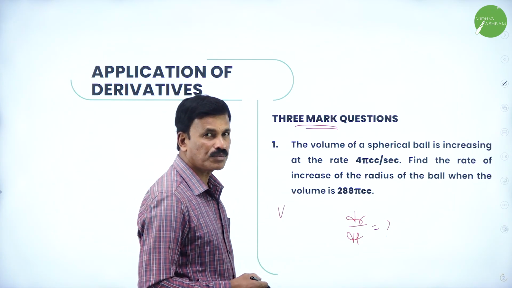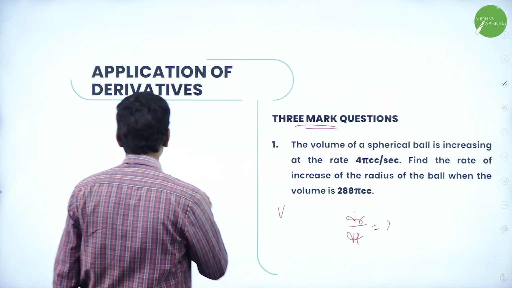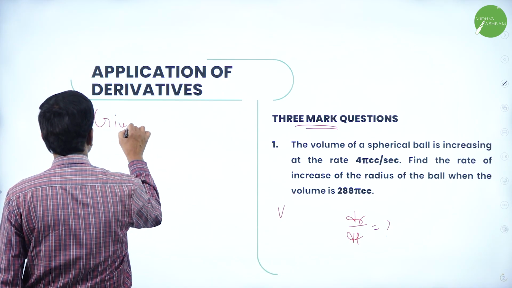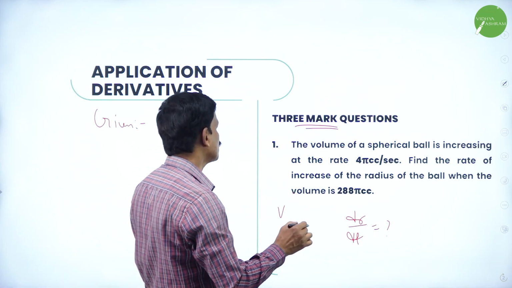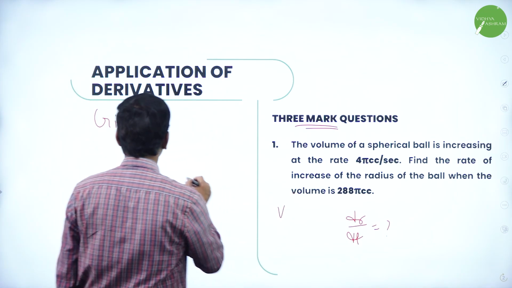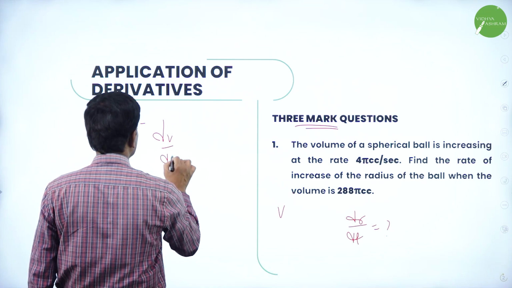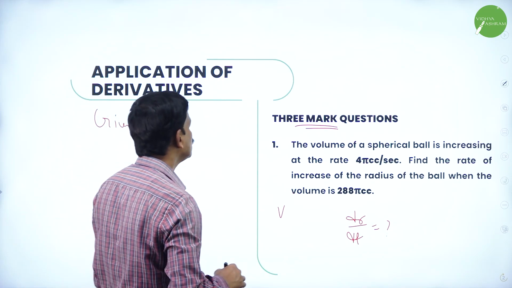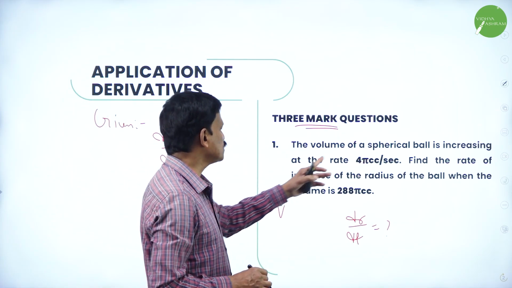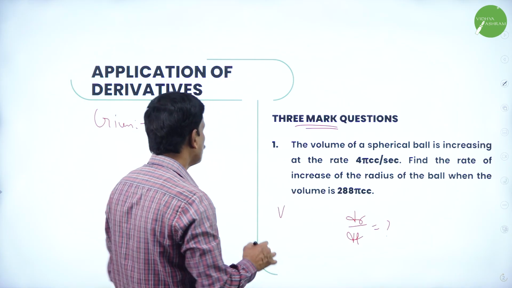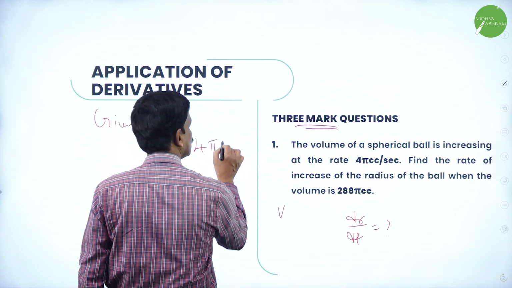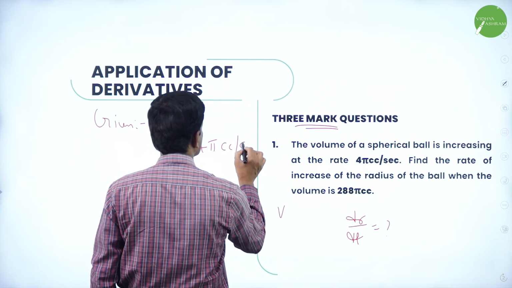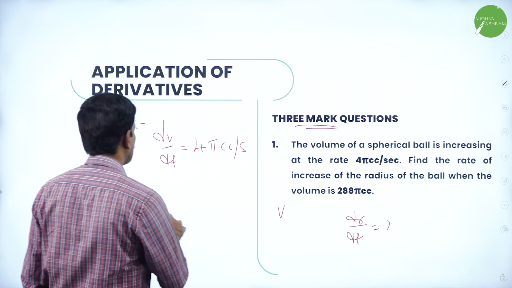Okay, now very important problem. What is given? Just write down: the volume of a spherical balloon is increasing at the rate of 4 pi cc per second, that means dV by dt is 4 pi. Now what is the formula for volume?